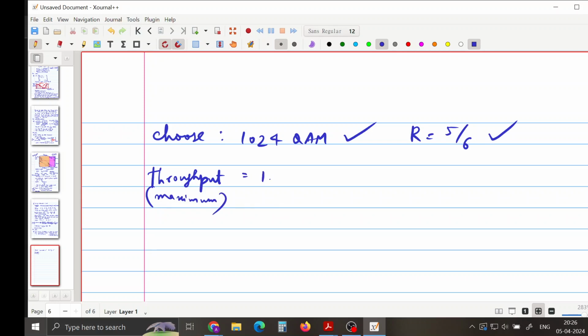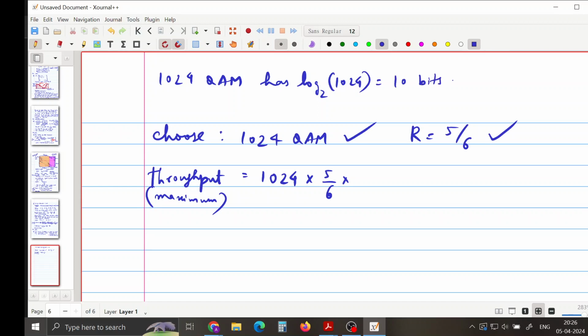The number of subcarriers again remains 1024. Code rate now becomes 5/6. Now for 1024 QAM, how many bits are there in one symbol? It has log base 2 of the constellation size 1024, which equals 10 bits per symbol, correct?